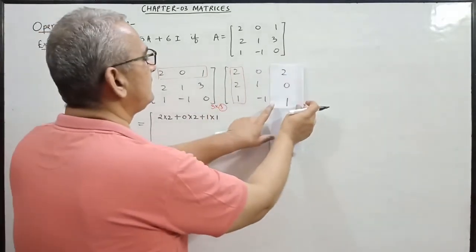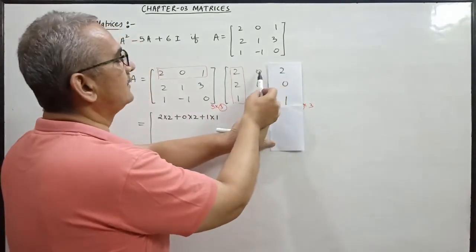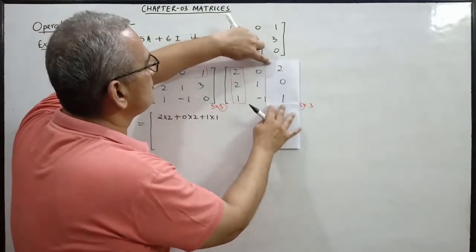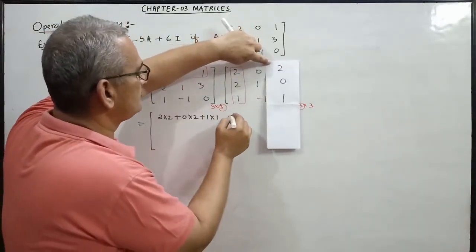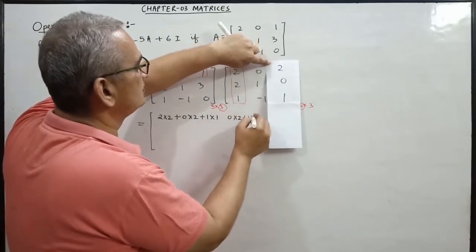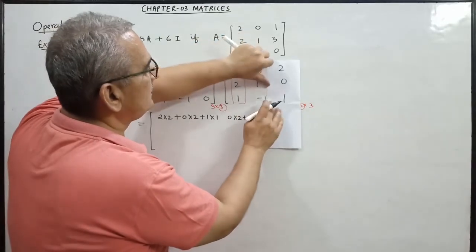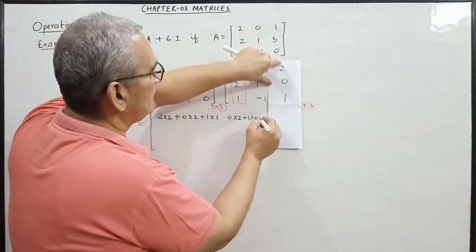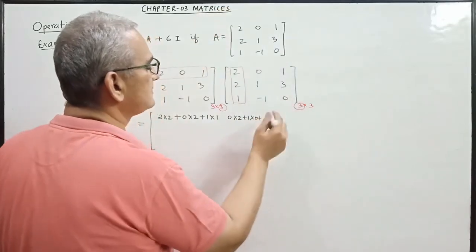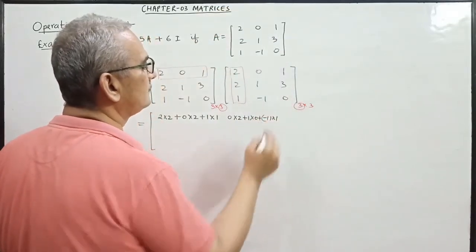Now we have to multiply this first row by the second column. So you can write it here, so that you have the idea of how to multiply. 0 multiplied by 2, 1 multiplied by 0, and then minus 1 multiplied by 1.